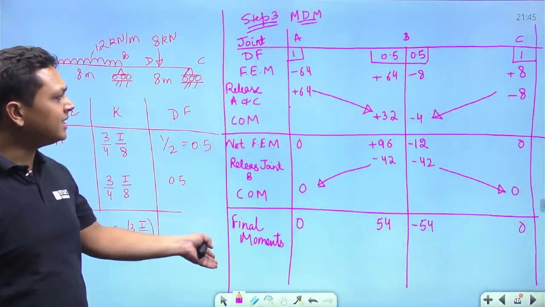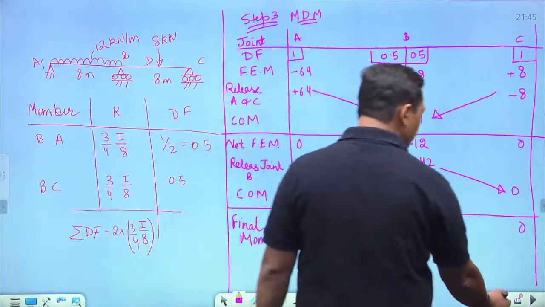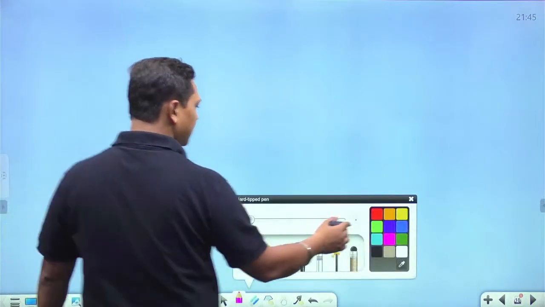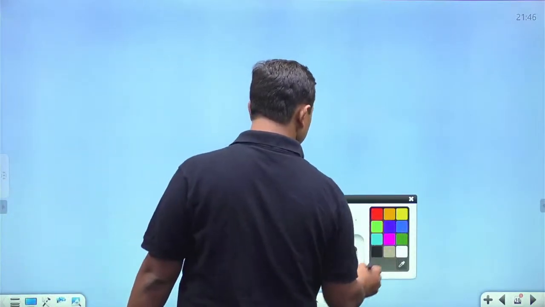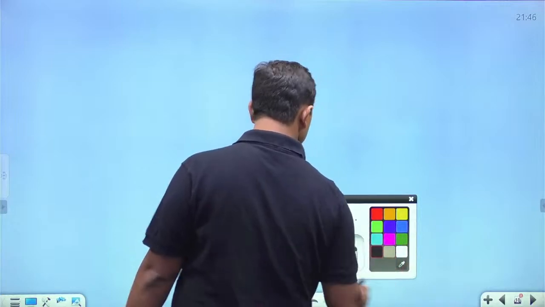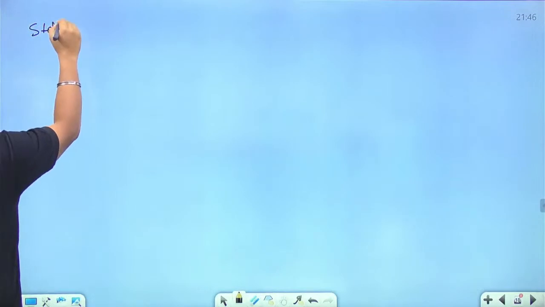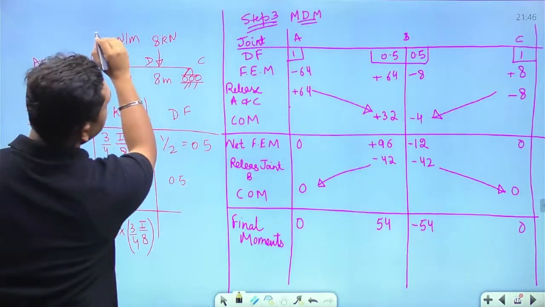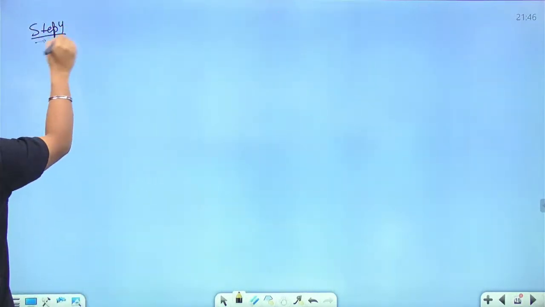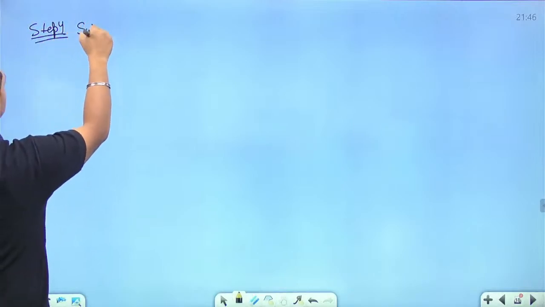Now you know the moments at each and every joint. Now you can draw the free body diagrams. Now you can find out the support reactions. Now step number, what is the step? 4. Support reactions.